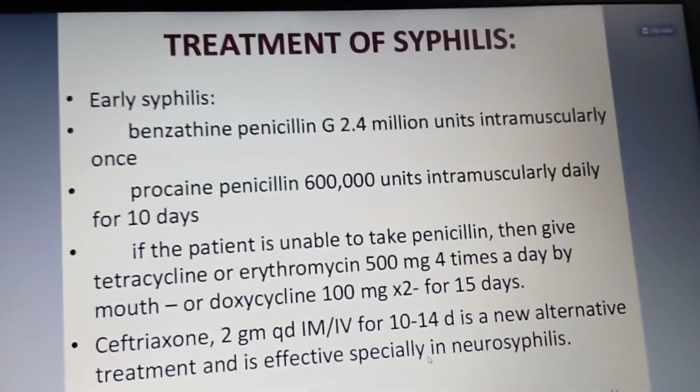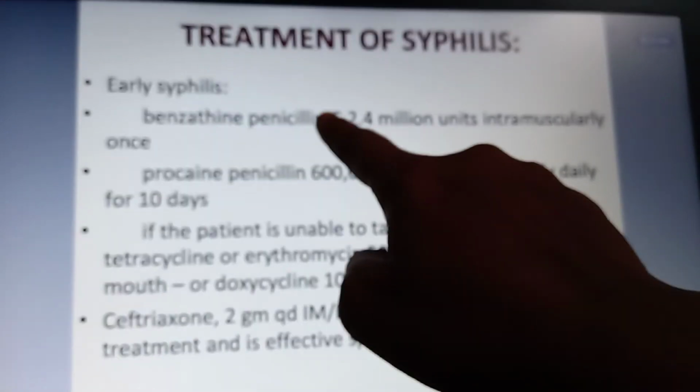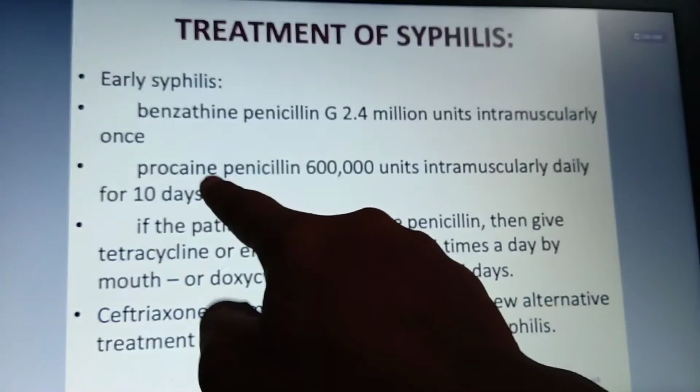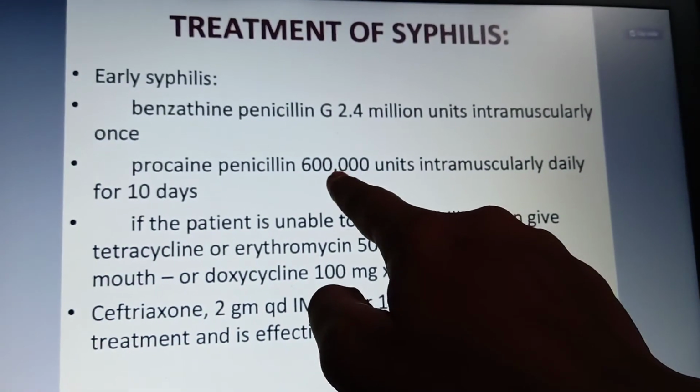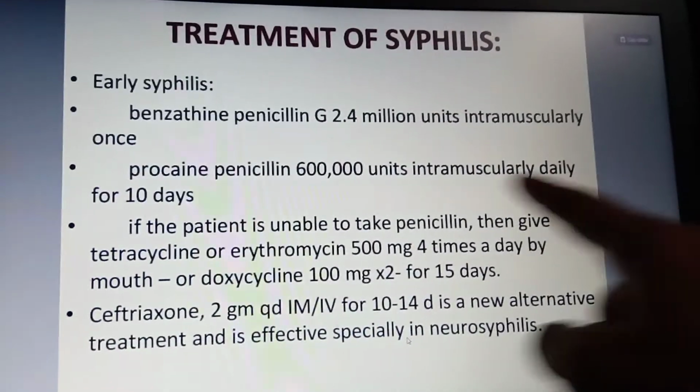And what treatment do you give for the syphilis condition? Benzathine penicillin you give intramuscularly once, and procaine penicillin 600,000 units intramuscularly daily for 10 days.